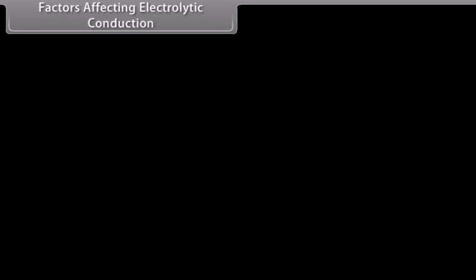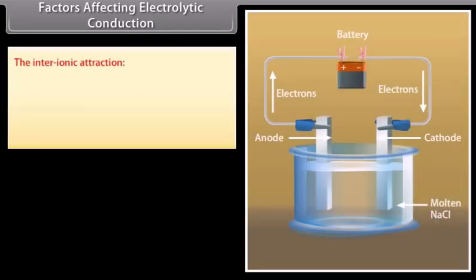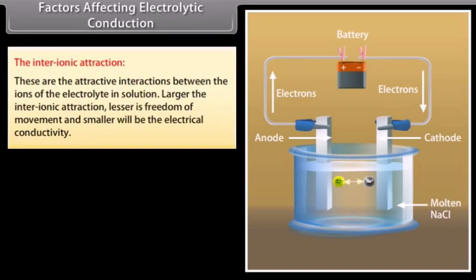Factors affecting electrolytic conduction. The electrical conductivity of the solutions of electrolytes depends on the following factors. The inter-ionic attraction: these are the attractive interactions between the ions of the electrolyte in solution. The larger the inter-ionic attraction, the lesser is the freedom of movement, and the smaller will be the electrical conductivity.